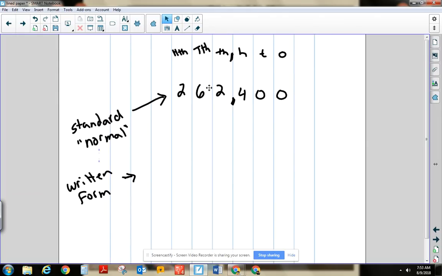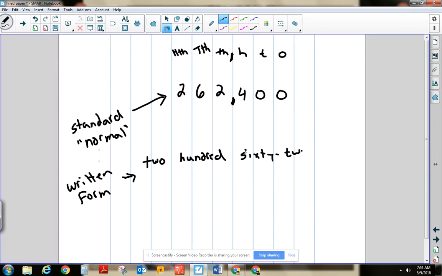Now, I know some of you like to scribble. I'm not great at spelling. Don't worry about the spelling right now. We'll get there. So the written form would be 262,000.